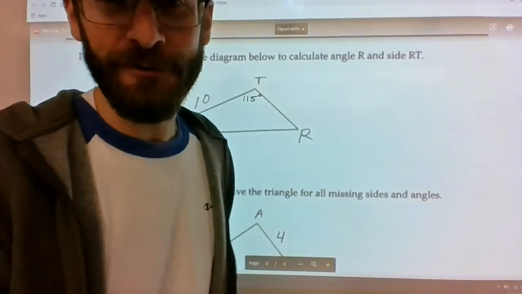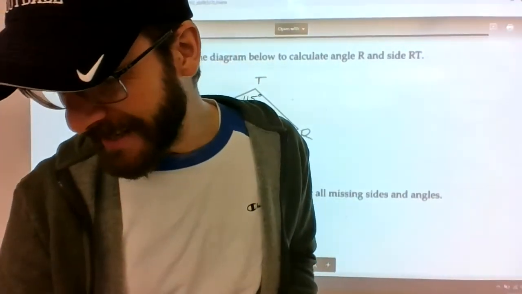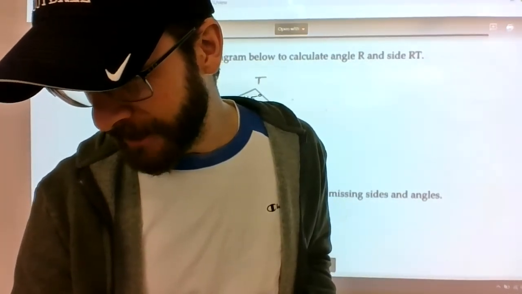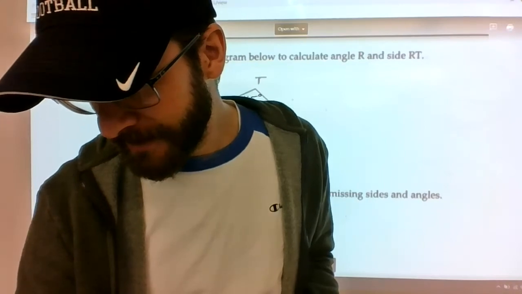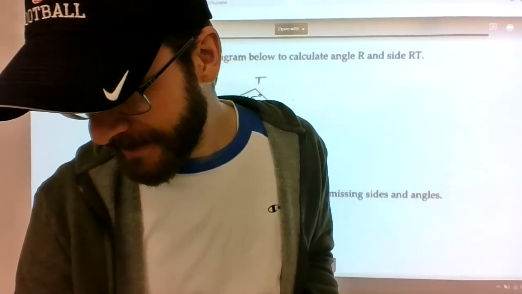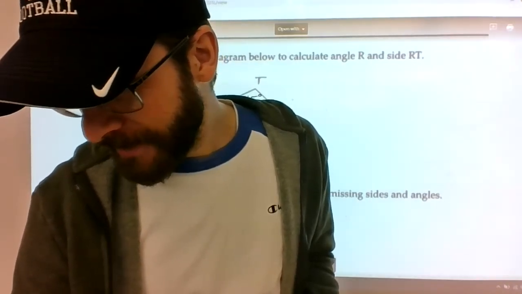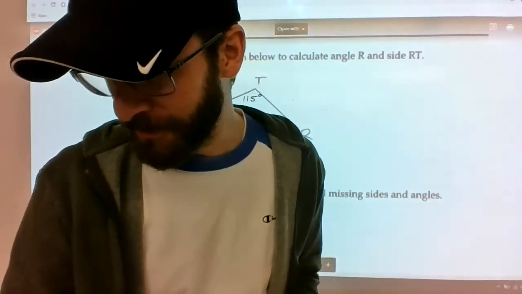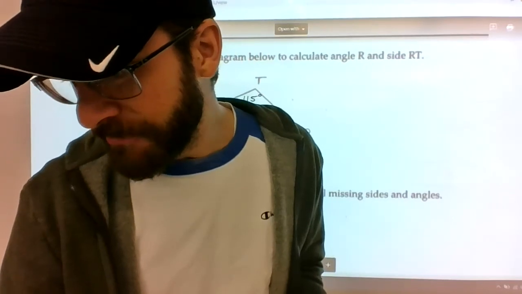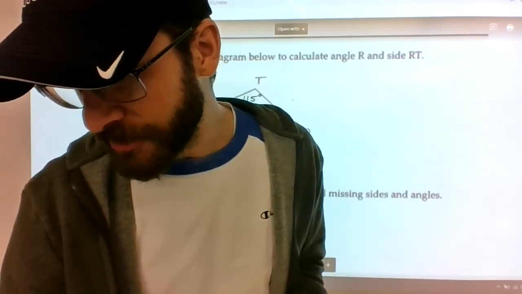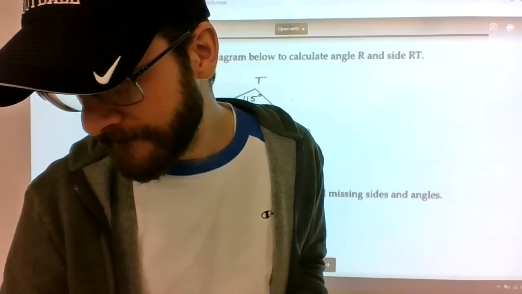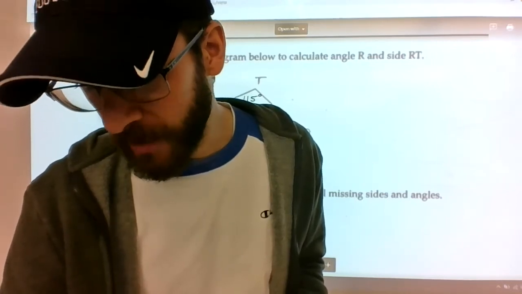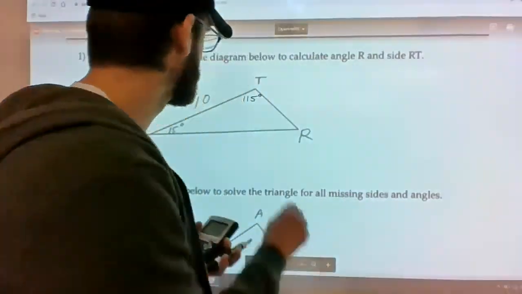Let me hunt some information down really quick, because I gave it to people in class, but now I'm kind of forgetting which one. This won't take too long. Just bear with me. We gave that angle measure a 125 degree measure.